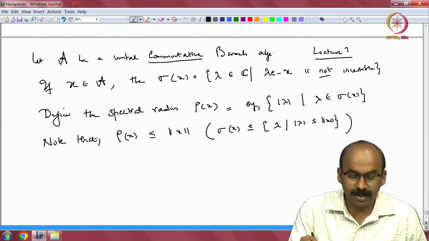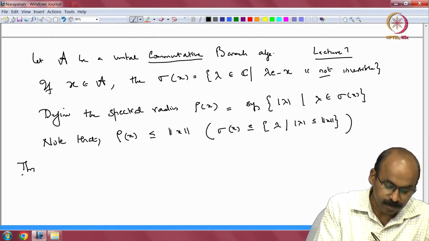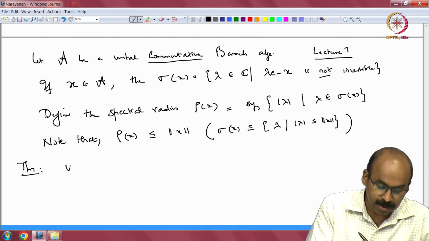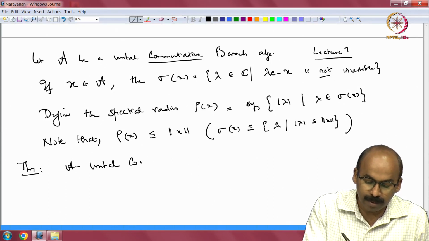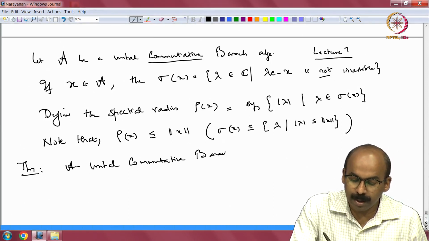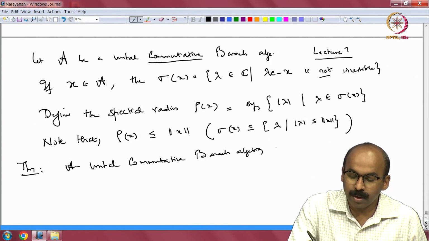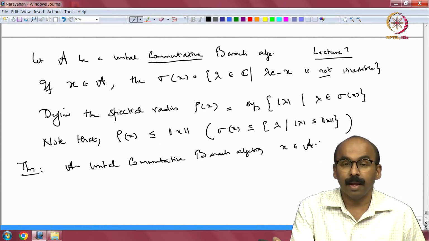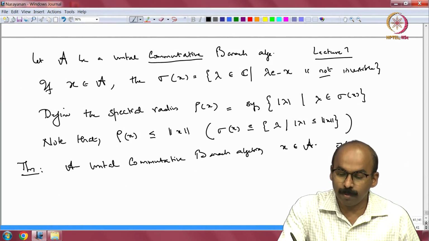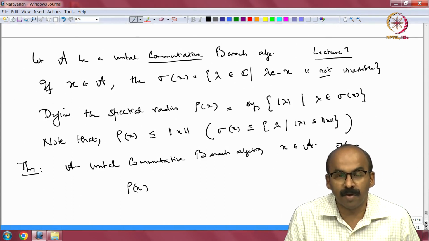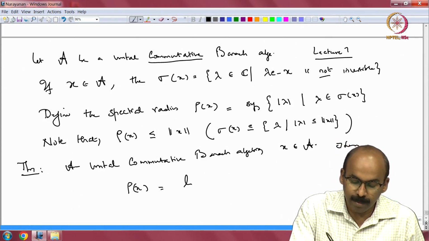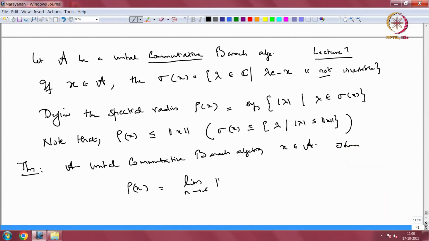But today we will start with this theorem. So, A is a unital commutative Banach algebra, and you take an element x in A, then we have this formula: rho of x, that is the spectral radius, right, maximum of elements in the spectrum, is actually the limit as n goes to infinity of norm of x to the n, to the power 1 by n.